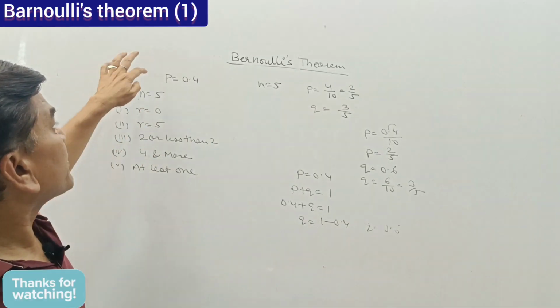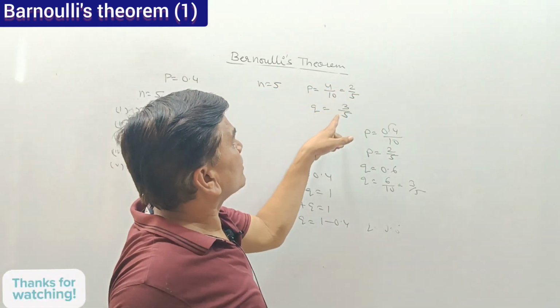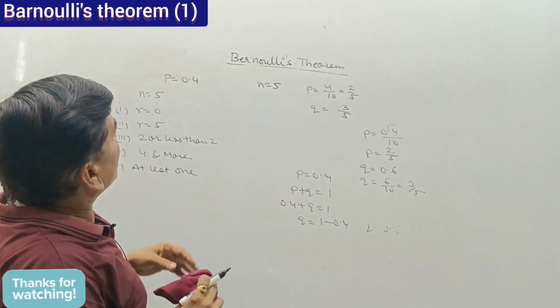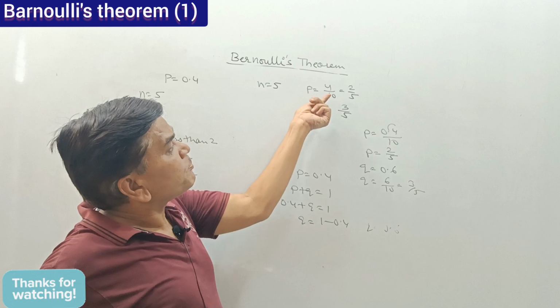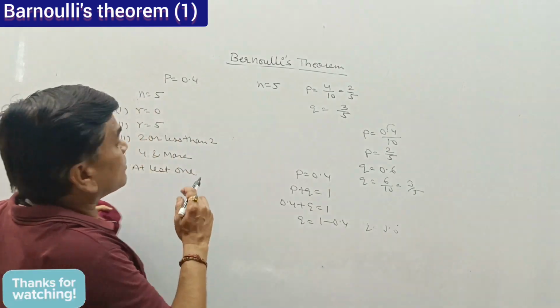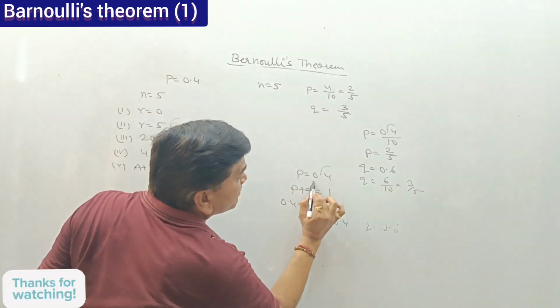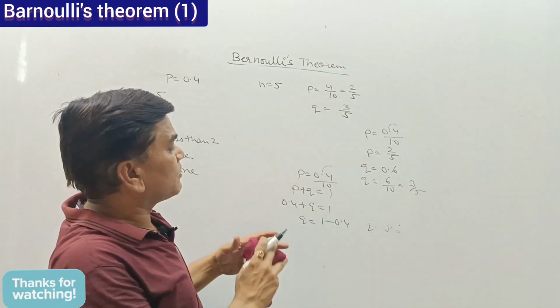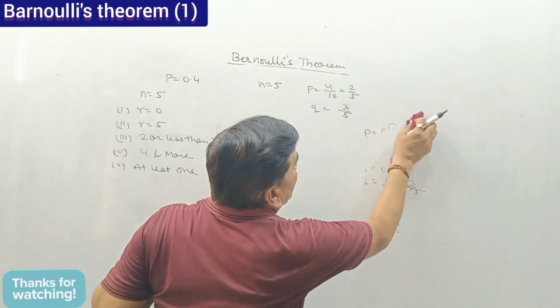So the probability is 2 by 5 and the probability of non-occurrence is 3 by 5.